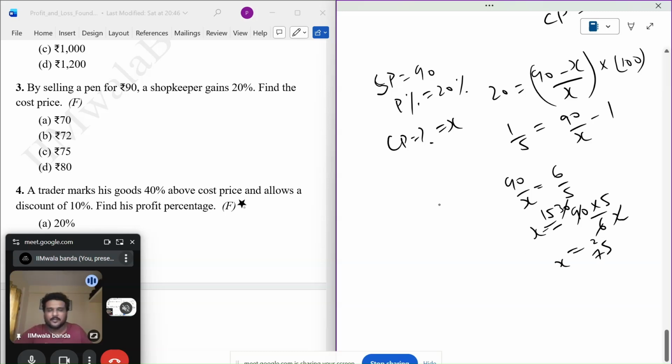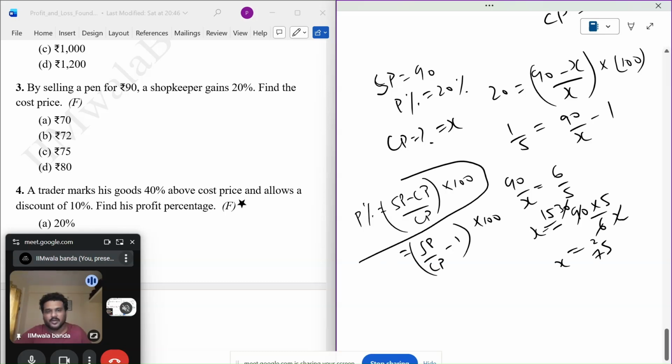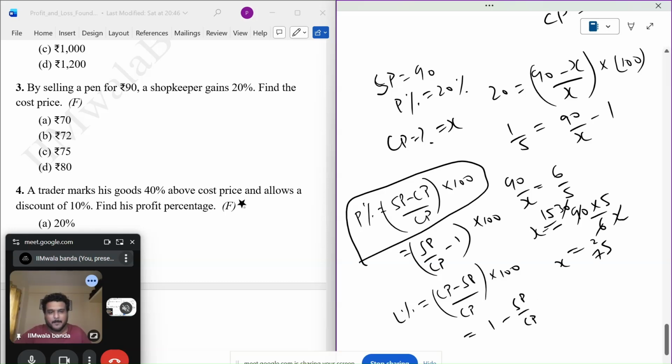Also, it's not about the answer. I just want to show you that you saw profit percentage as SP minus CP upon CP into 100. You might see it as SP upon CP minus 1 into 100. That is also the same thing. So don't learn it as another formula. The only formula we need is this. Similarly, loss percentage, you have seen it like this, but you might see it like this also.